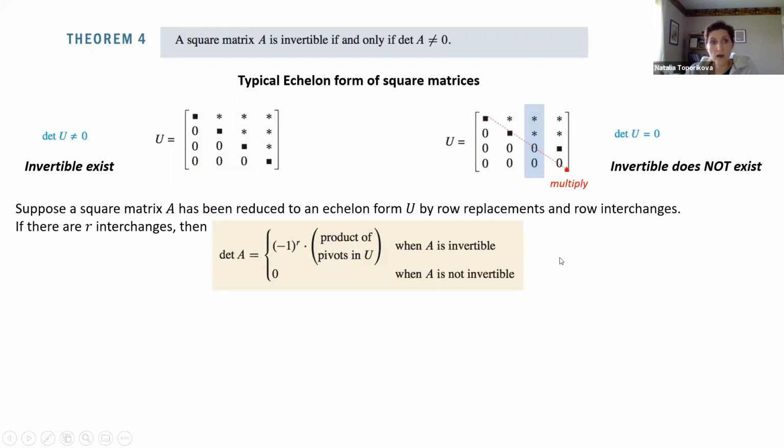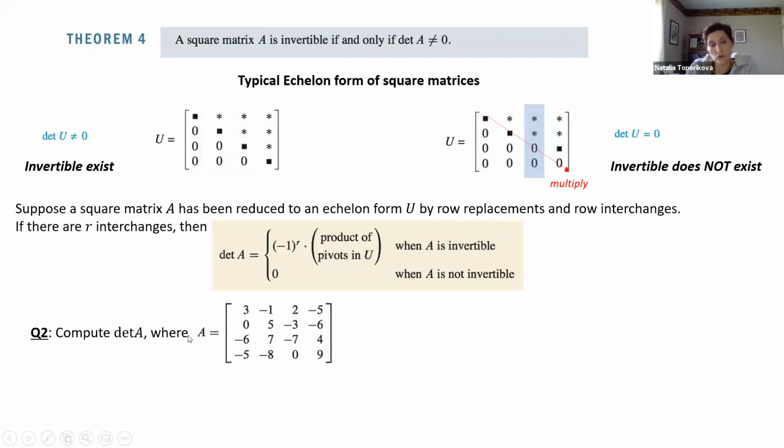Let's see how this information can help us determine whether the inverse exists or not, or compute the determinant really fast. For example, let's see matrix A here, a rather large matrix. Let's see if we can calculate the determinant for this matrix. Again, we start by writing down our matrix, and our first step is always to try to reduce it to echelon form.